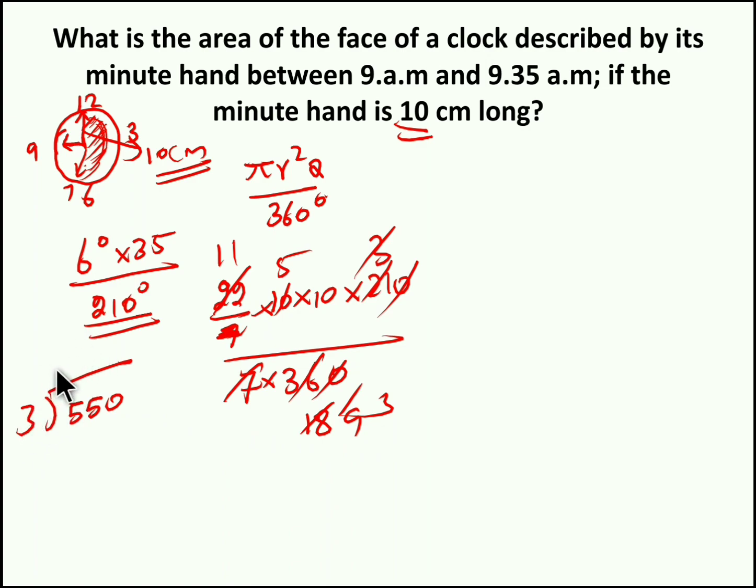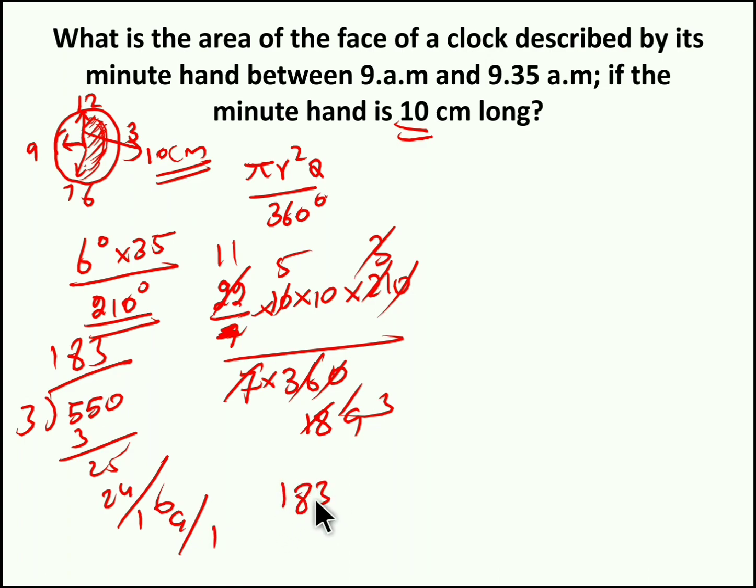So when we solve, you get 183 and remainder 1. So 183 1 by 3 centimeter square is nothing but the area covered by this needle from 9 am to 9:35 with the minute needle 10 centimeter long.